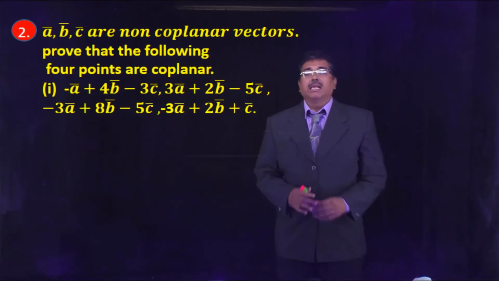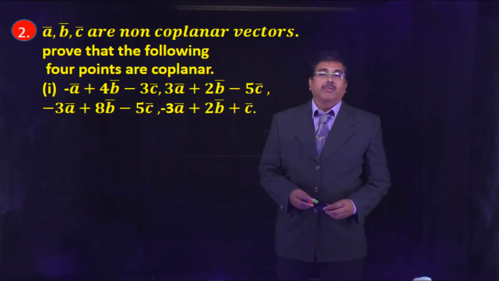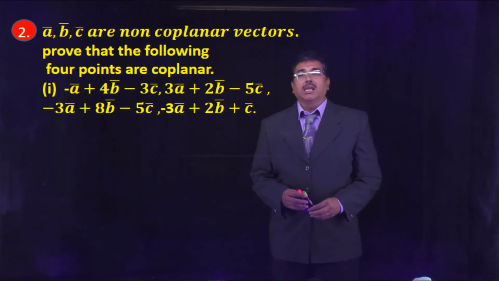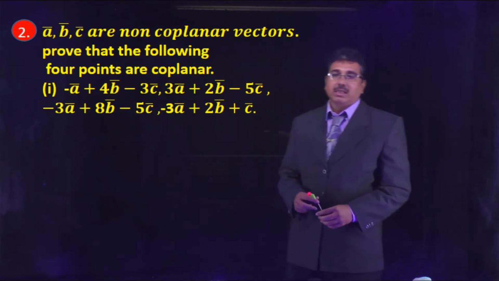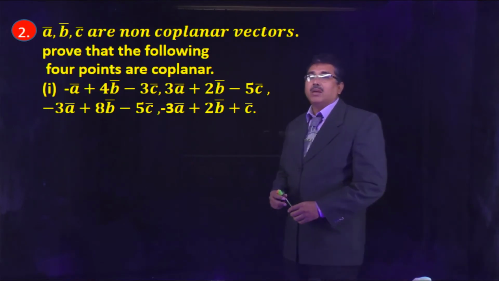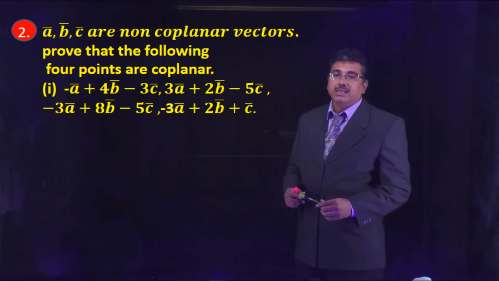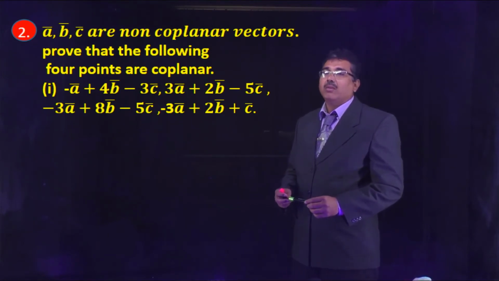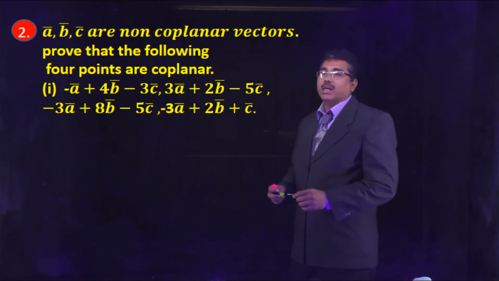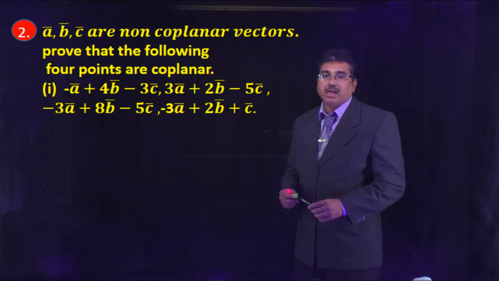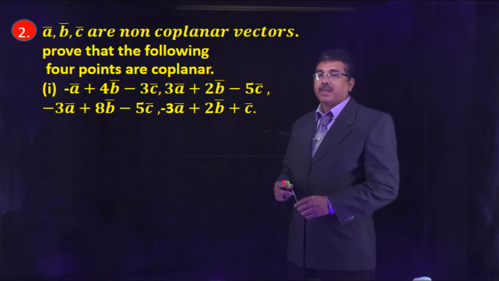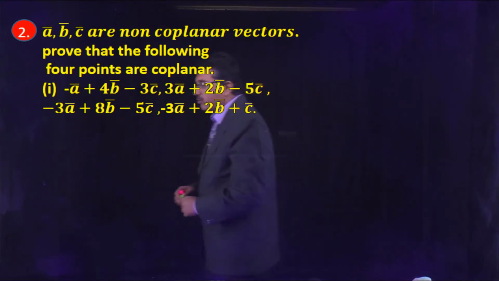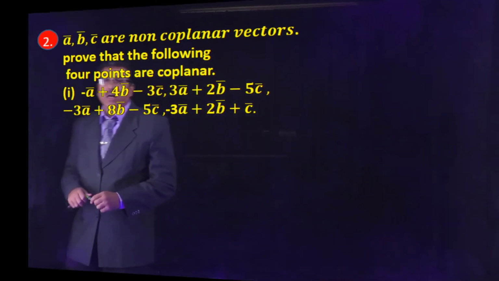Let us see the next problem. If a bar, b bar, c bar are non-coplanar vectors, prove that the following 4 points are coplanar. Given 4 points, show that they are coplanar.